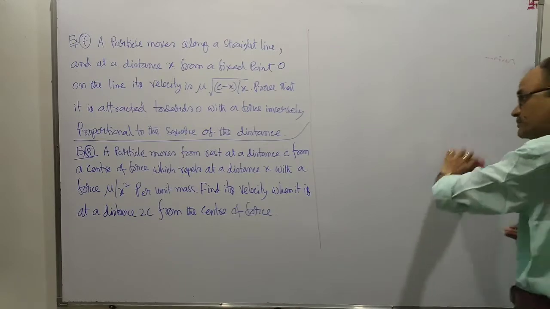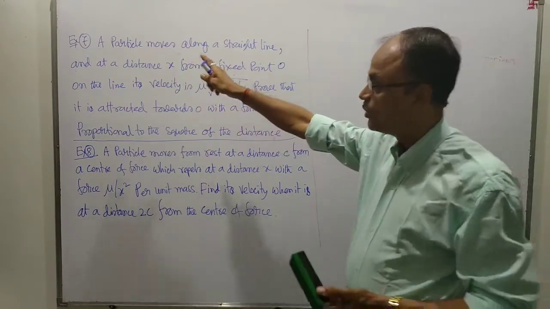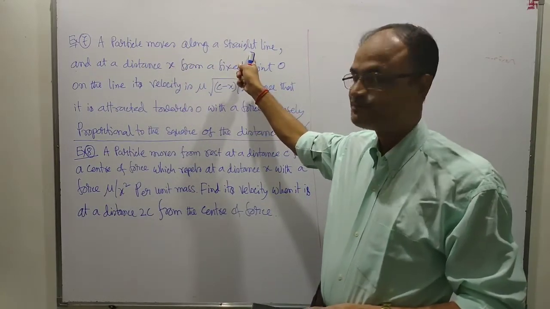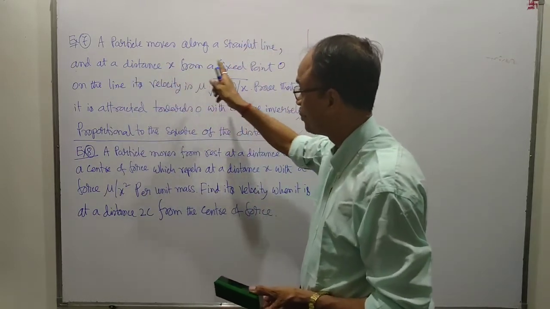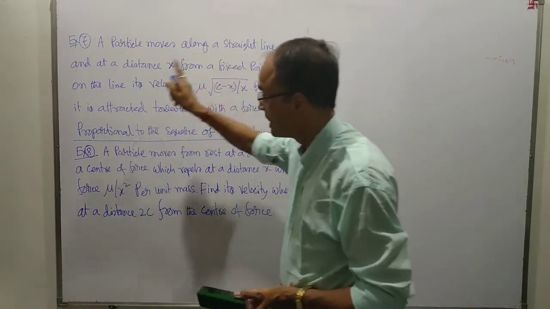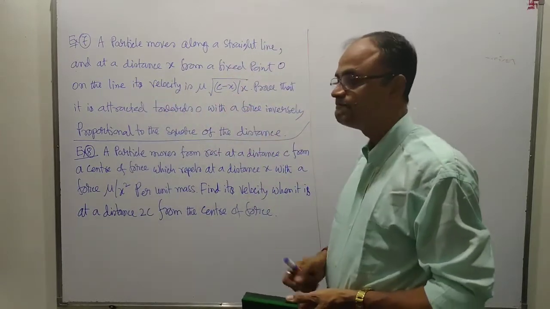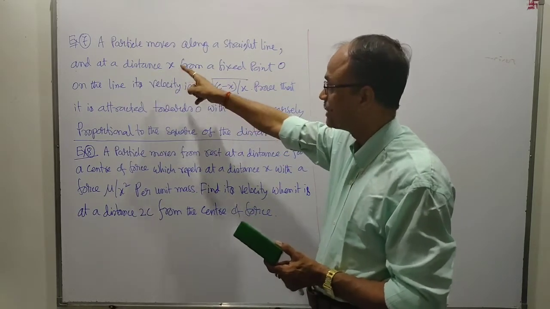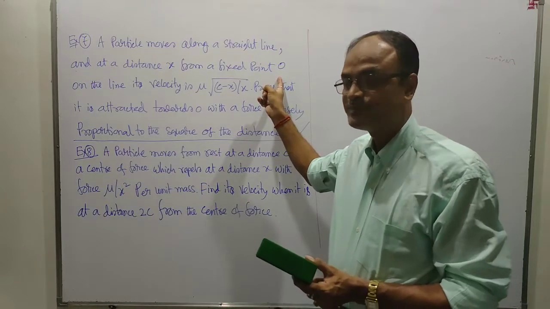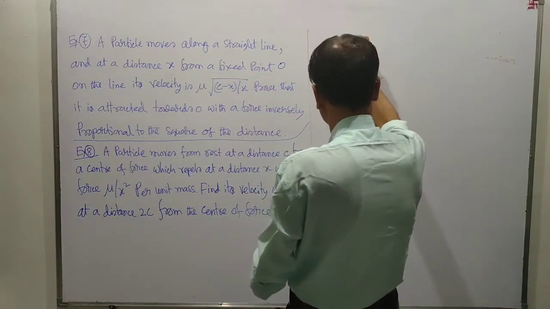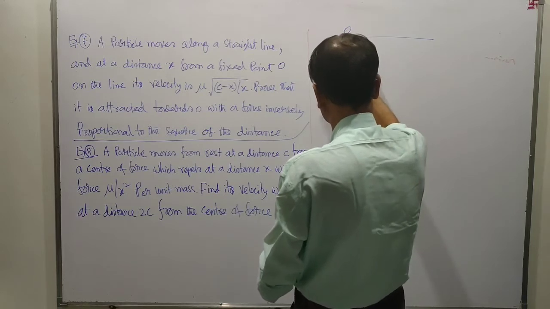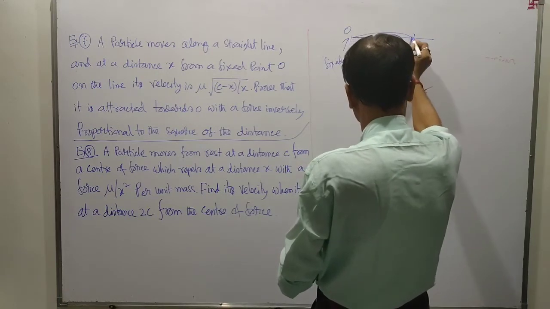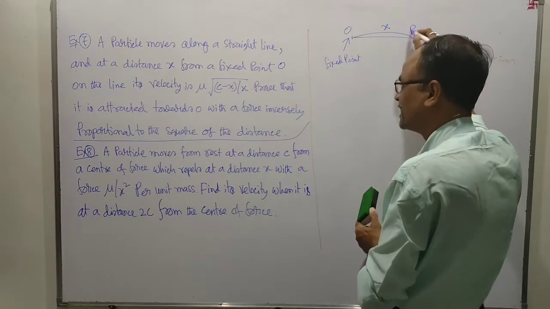Problem number one. A particle moves along a straight line, and at a distance x from a fixed point O on the line, its velocity is this. X stands for the distance of the particle from a fixed point O. Suppose O is the fixed point, and this is a point x, at any point x.